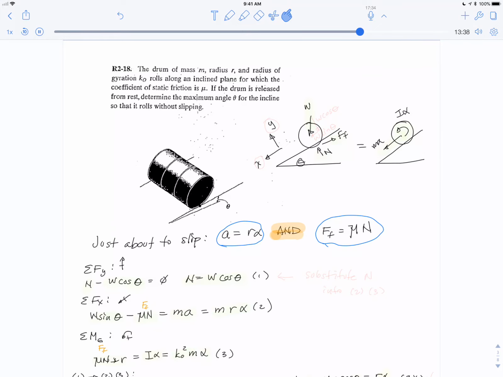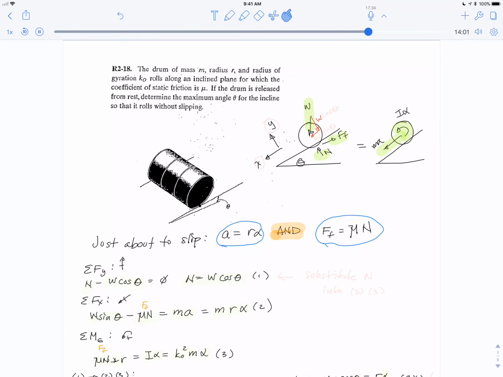So in this case, here's the free body diagram. We know we have the W, the normal, and the friction force, and there's MA going down the hill and I alpha spinning. One of the first things we have to do is break that W into the part going down into the ground and the part going down the slope.